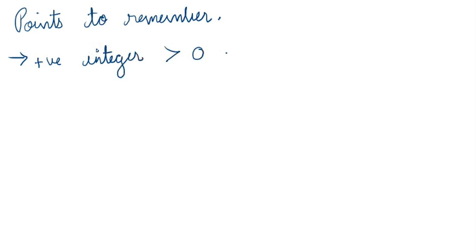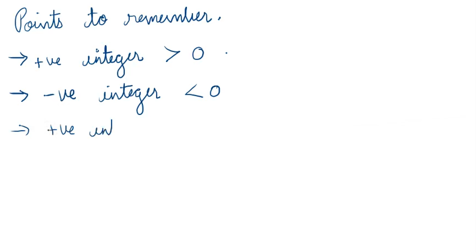The same thing which we discussed right away. So every negative integer is less than 0. Okay. And then every positive integer is greater than the negative integer. If you want to tell it the other way around, then you will tell it as every negative integer is lesser than every positive integer.